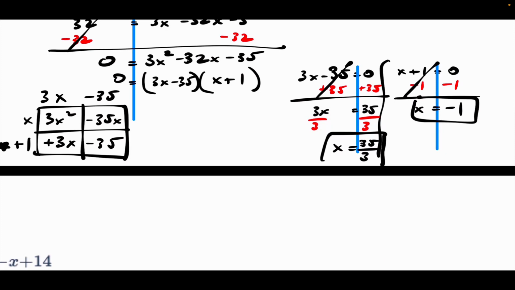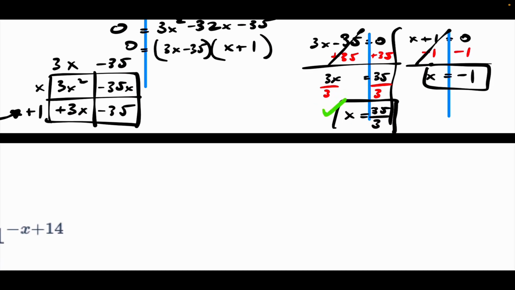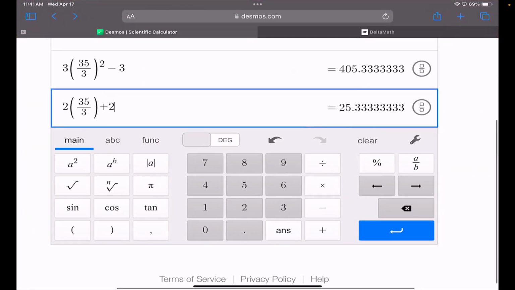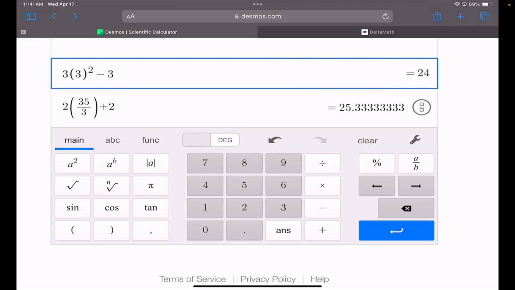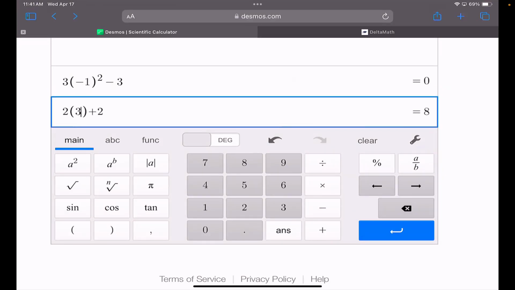35 over 3 is an okay answer. The other answer I got was negative 1. Negative 1, get 0. 0 is not negative, so it's okay.